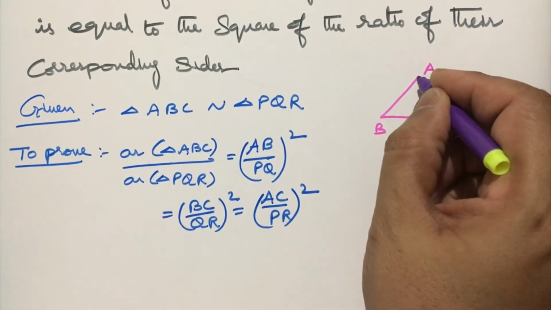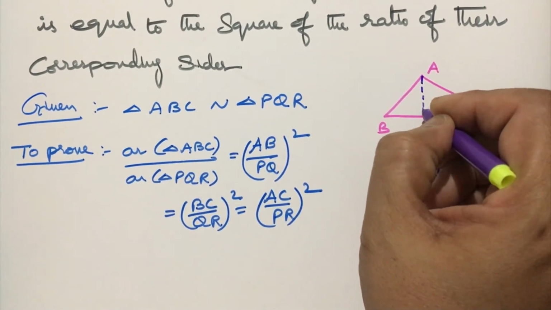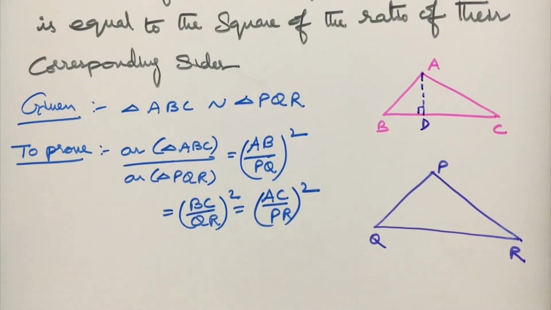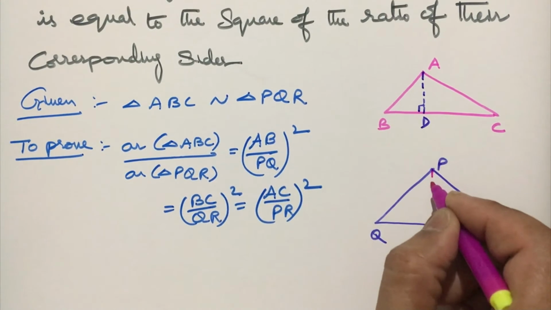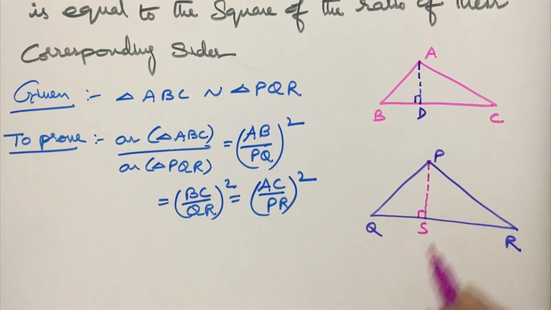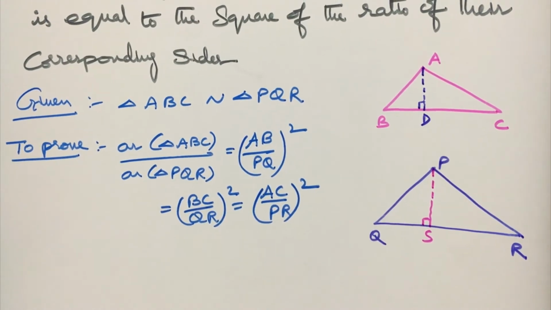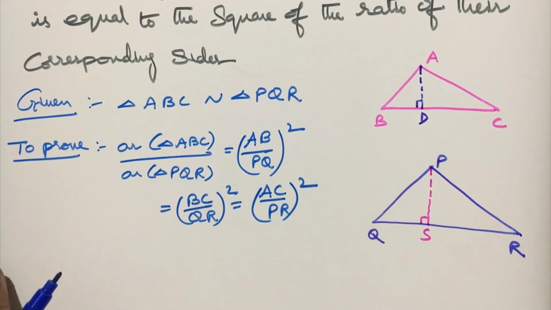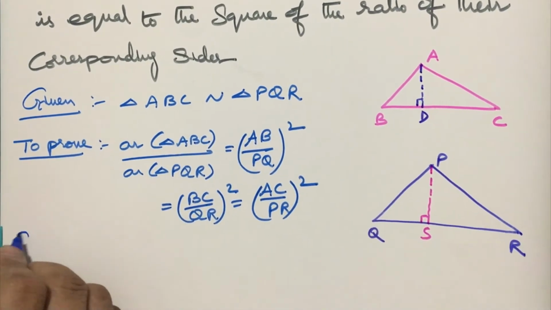So here I am drawing an altitude AD in this triangle, and in this one an altitude PS which is perpendicular to QR, right? Let us write the construction part.